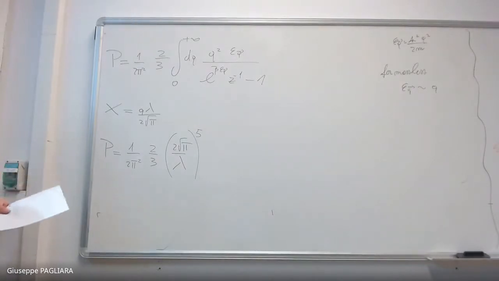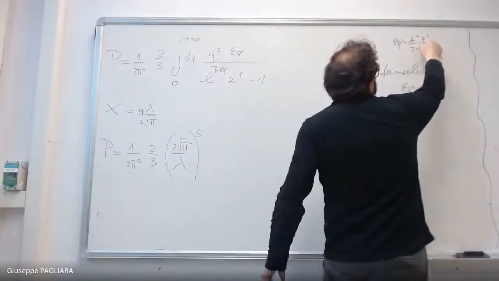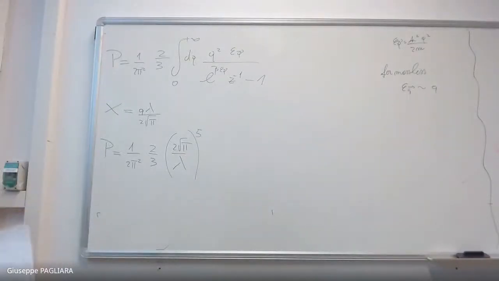Then I have an additional factor here, which comes from this epsilon q. I have already singled out this q squared, but I have in any case h-bar squared divided by 2m.